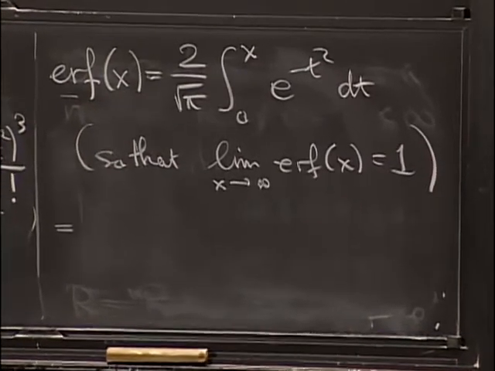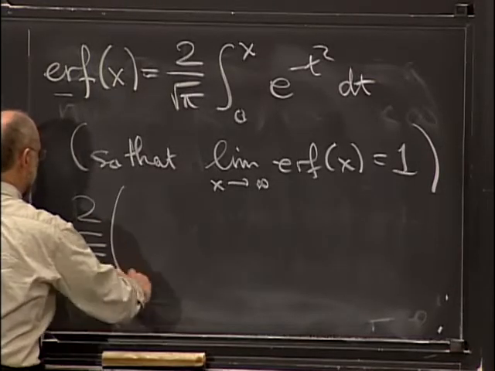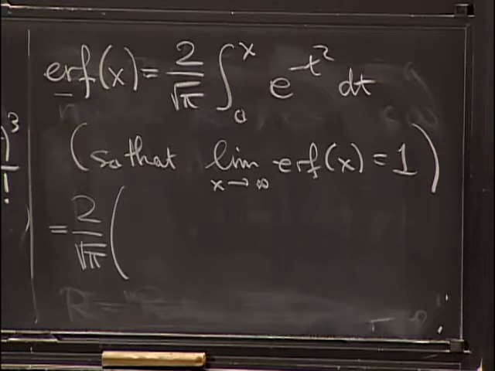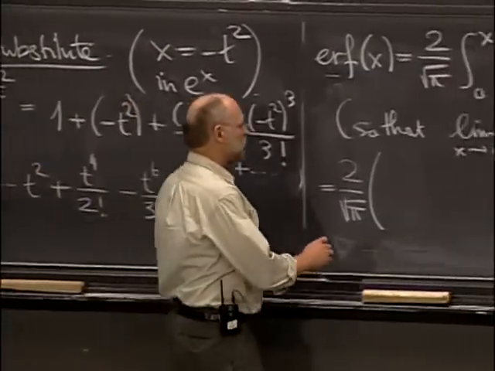So there's a 2 over the square root of pi that hurts nobody here in the front. And now I want to integrate e to the minus t squared, and I'm going to use this power series expansion for that to see what you get. I did it out carefully in another example over there, so I'll do it a little quicker now. Integrate this term by term. You're just integrating powers of t, so it's pretty simple.